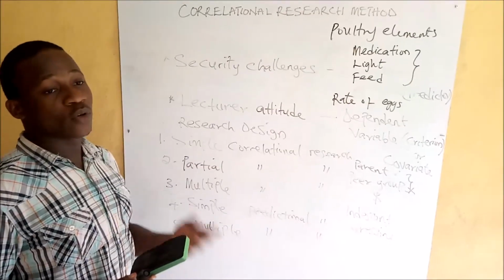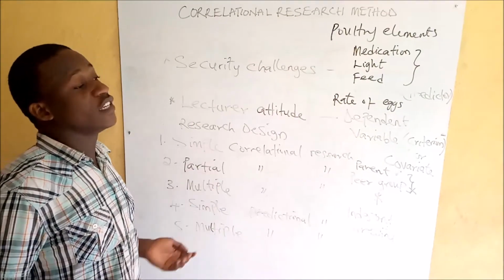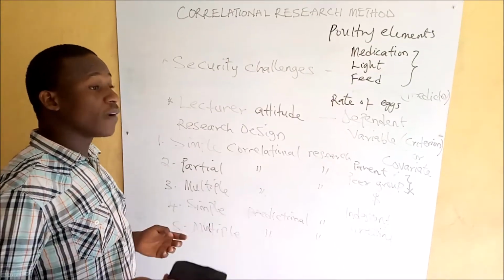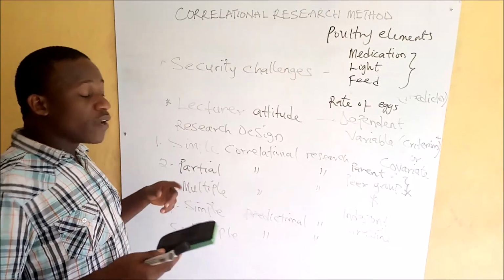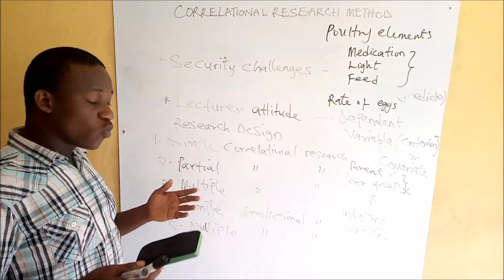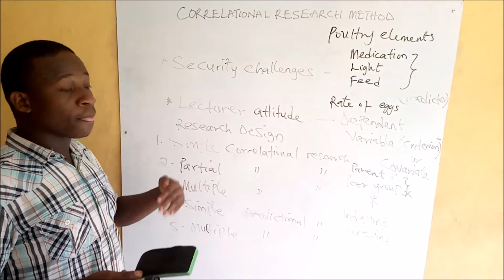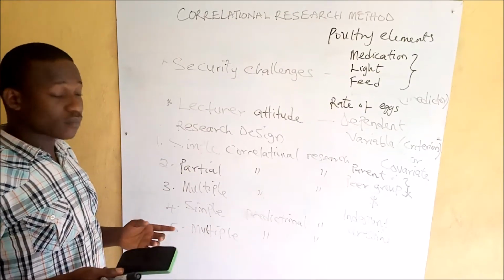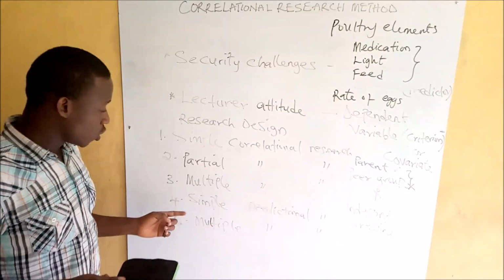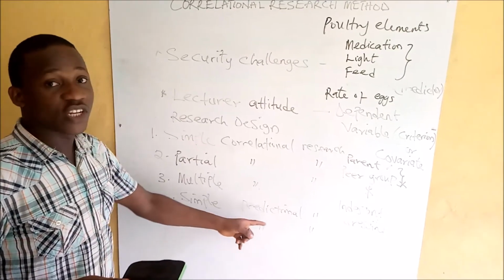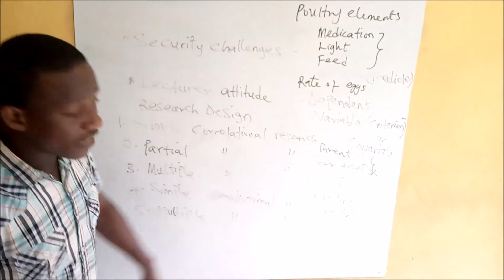For example, if there is an attack in a school environment or in a school compound, can this attack predict how a staff will behave in the workplace? For you to check this prediction statistically, you use simple predictional research design.